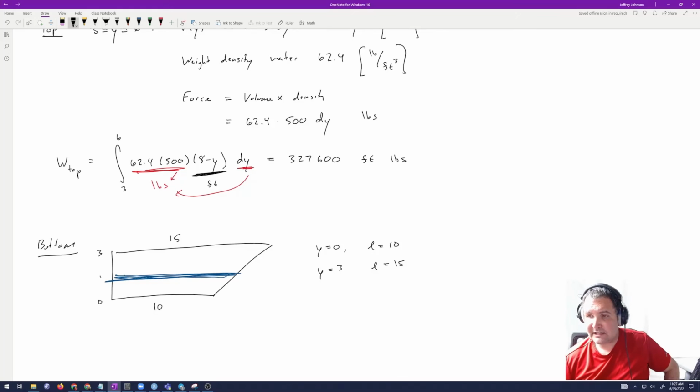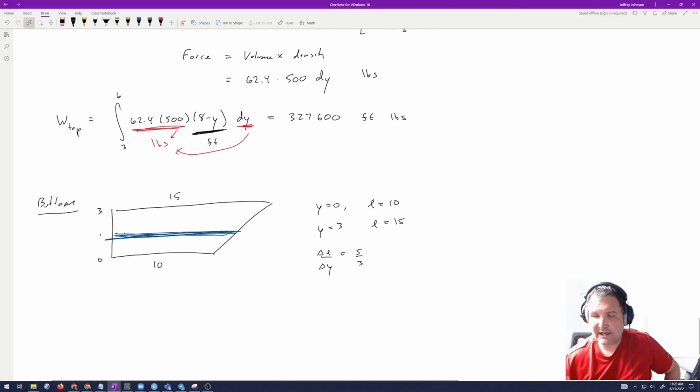And if we looked at the change in length over the change in y, we get 5/3. So for each 1 unit increase in y, the length increases 5/3. And we can write that down. We can see that the length here, in terms of y, would be 10 plus 5/3 y.